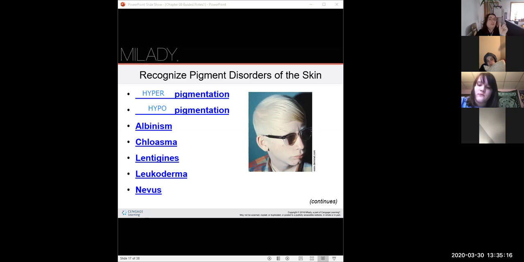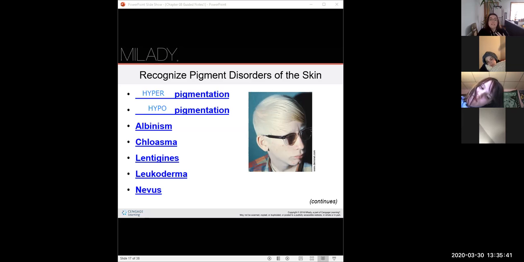Leukoderma, we've talked about that leuko before, that prefix in Latin being white. So that's a skin disorder characterized by light patches of skin or white patches of skin. Also hypopigmentation. That can be caused by injury, like a burn, a scar, or a congenital disease, born with it.